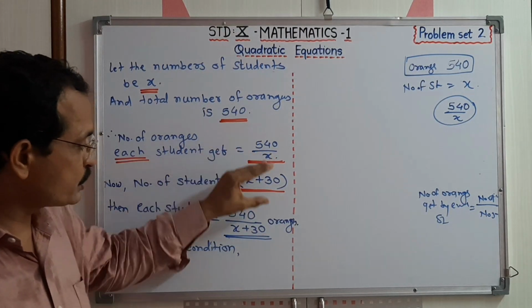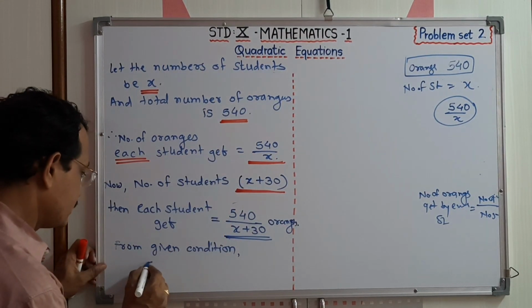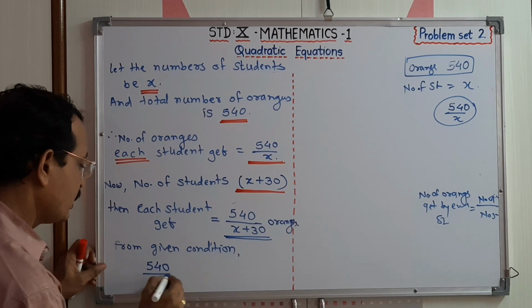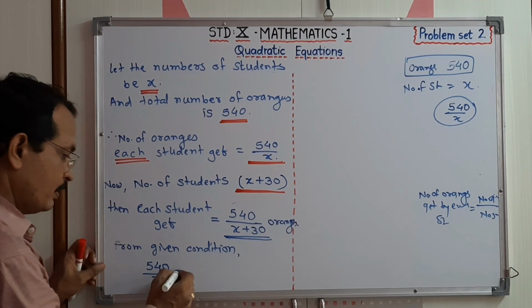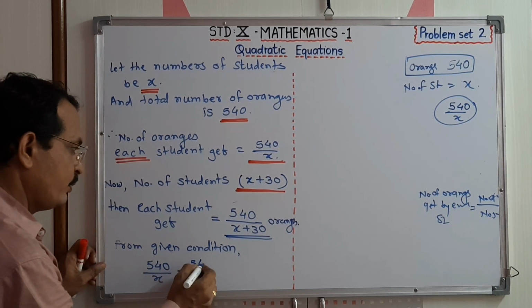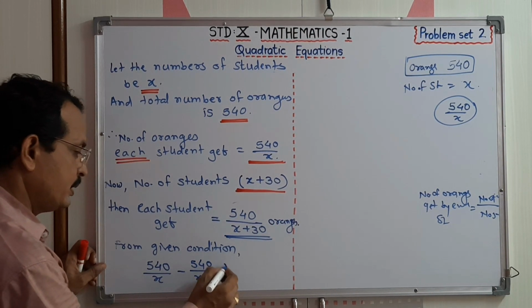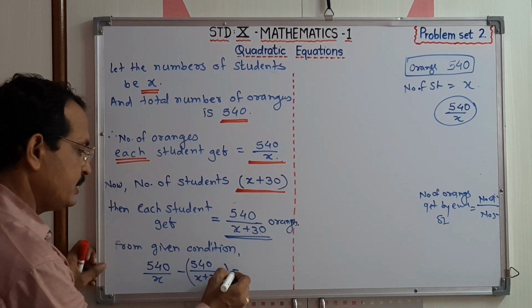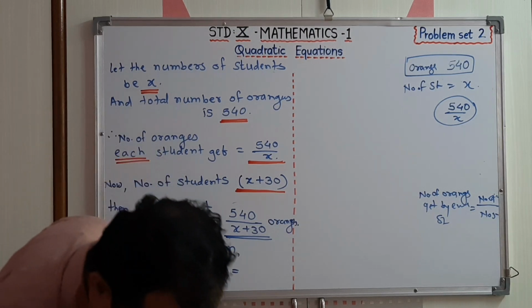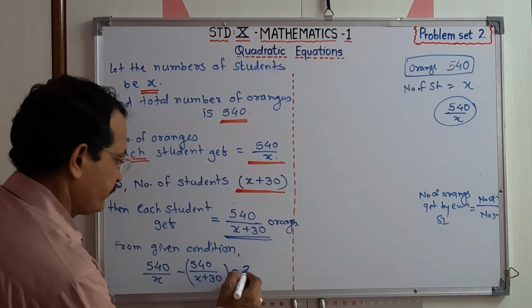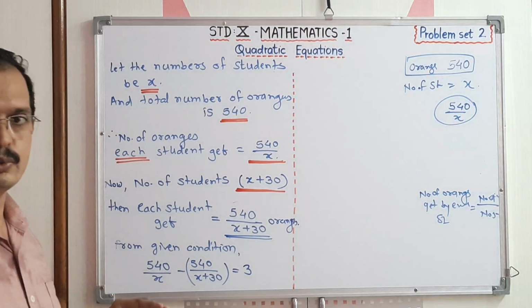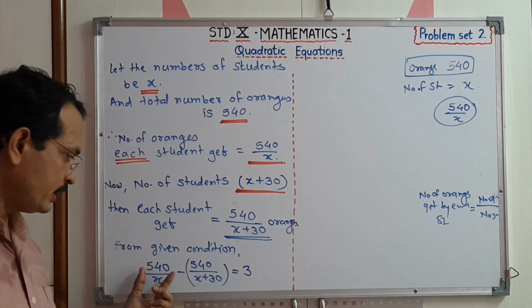That means the difference between these two, 540 upon x minus 540 upon x plus 30, this difference is how much? It is 3. Now we have to solve this equation. Got it?